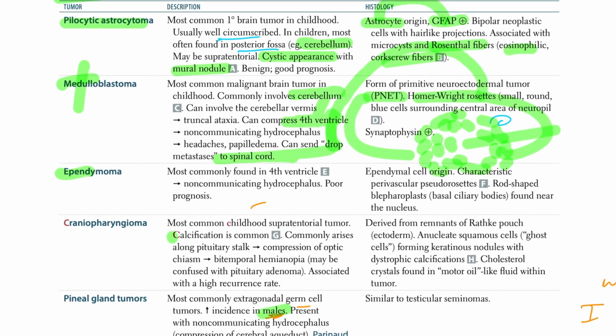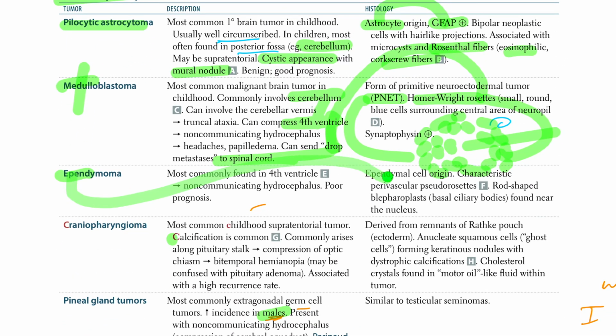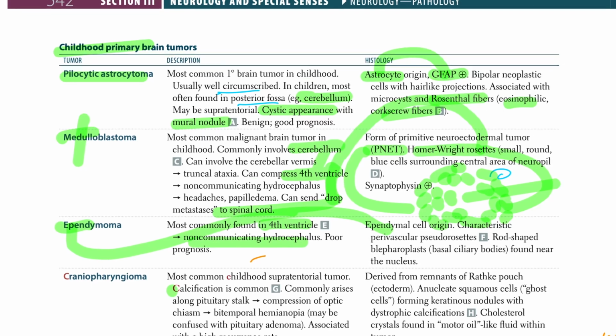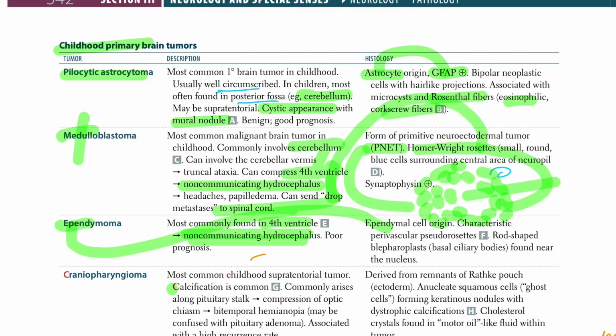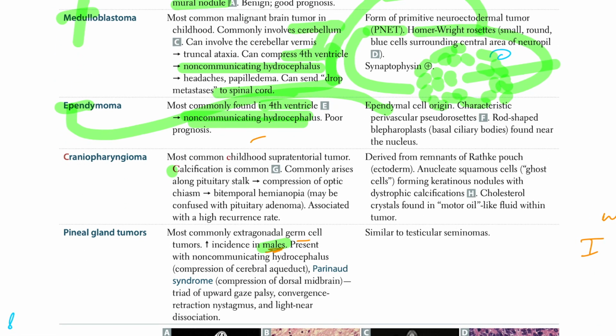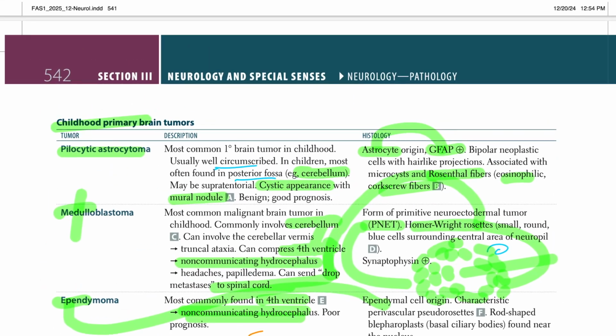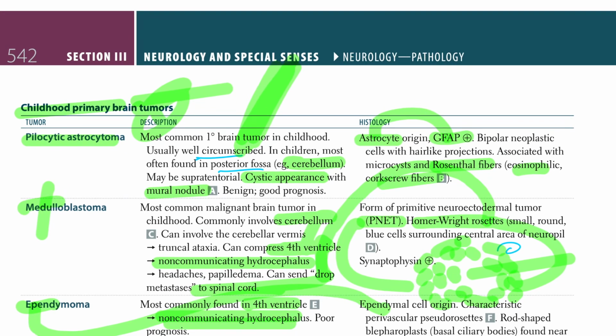Then you have the ependymoma. Ependymoma is of ependymal cell origin. Ependymal cells line the ventricles, and it arises from the fourth ventricle, causing non-communicating hydrocephalus. If you think about all of them, they're all causing non-communicating hydrocephalus. So just imagine this, because you're trying to block with a tumor, what it's going to cause is non-communicating hydrocephalus, right?